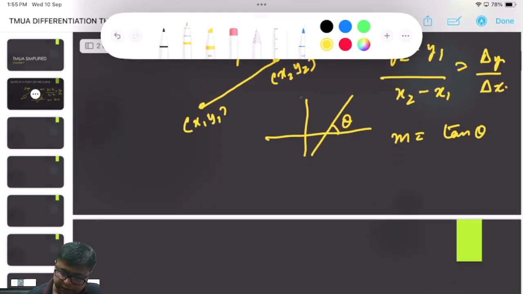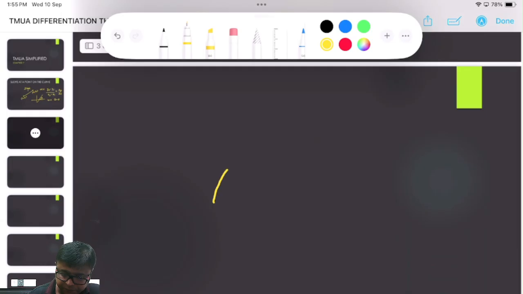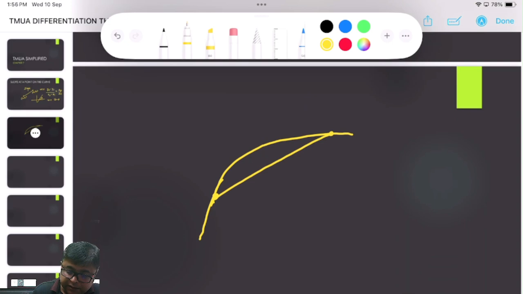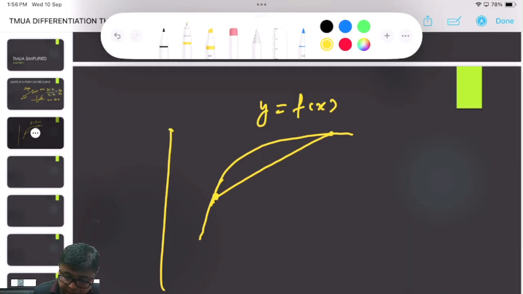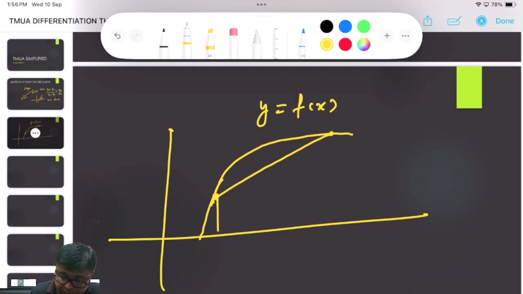Now let's understand, if we have a curve, not a line, like this. If I take any 2 points on this curve and join them, suppose I say this is the curve for a function y is equal to f(x). Let me draw the axes. Suppose this point is x1 and this point is x2, so this is called a secant line.